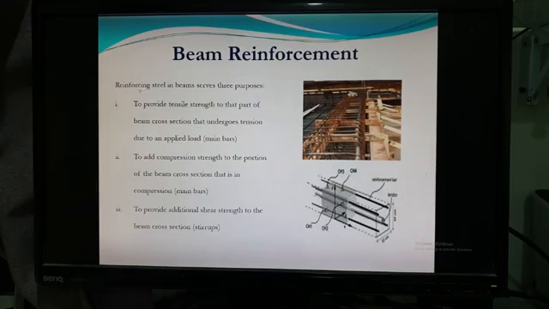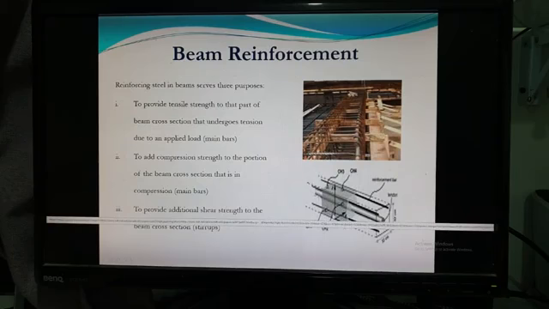Okay, the introduction of reinforcement steel in beams. Reinforcement in beams is very critical because it gives tensile strength to the part of the beam which is experiencing tension. Usually for beams, the part which is experiencing tension is at the bottom half of the beam.